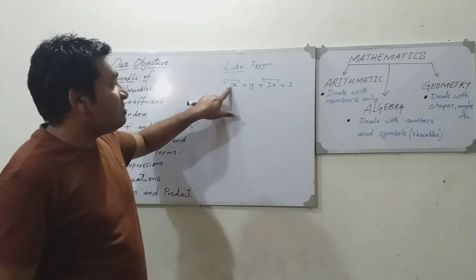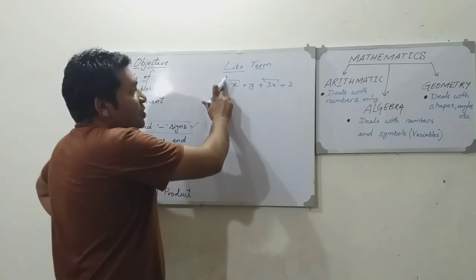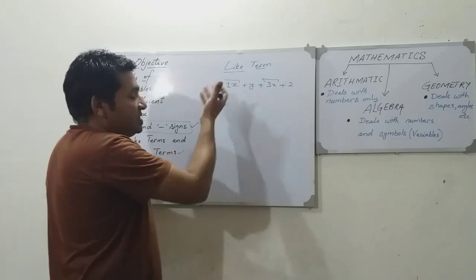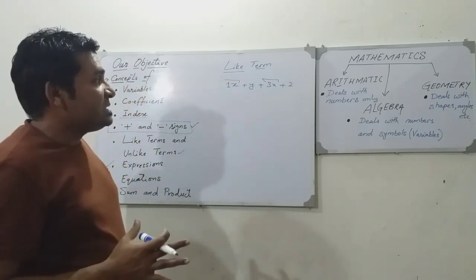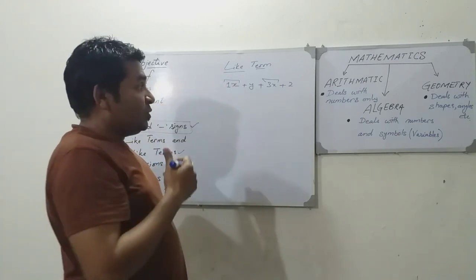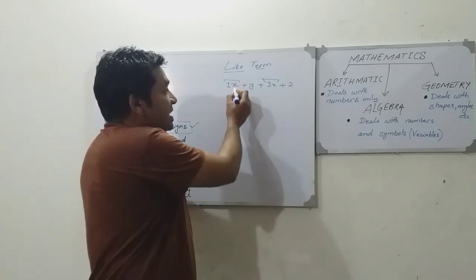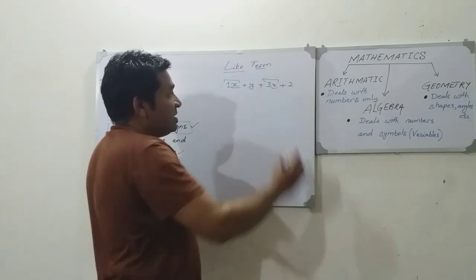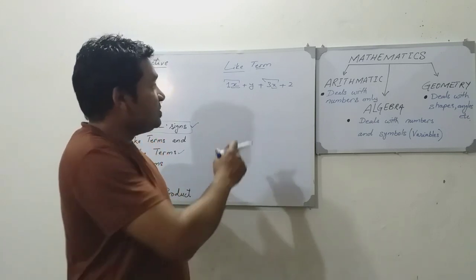So why am I calling them like? You know that if there is no number written, then one is understood. So on what are these terms dependent to be called like terms? These terms actually depend upon their variable to be like or unlike.